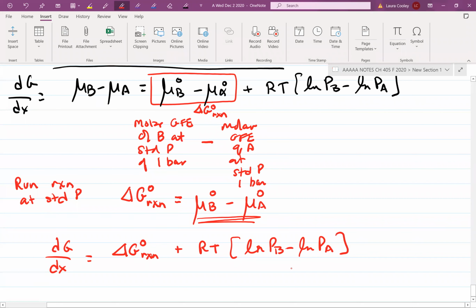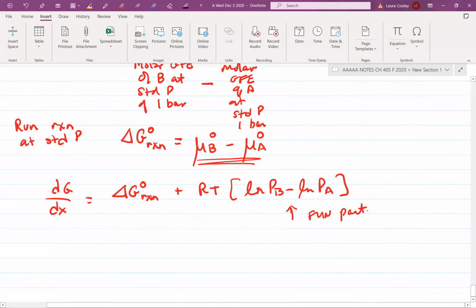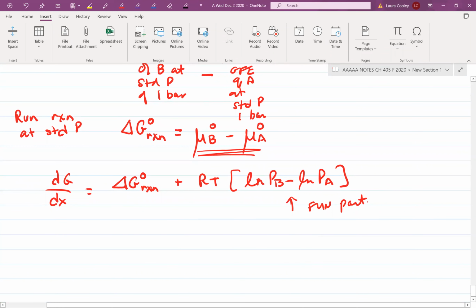Okay, and so this is really the fun part right here, to try to visualize what this looks like and help us understand what's happening to this slope as the reaction progresses. I just want to go over how this is set up here. First of all, the partial pressure of A starts at 1 bar.